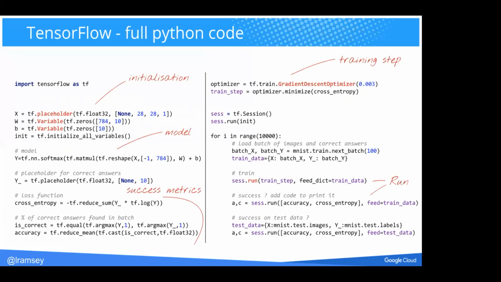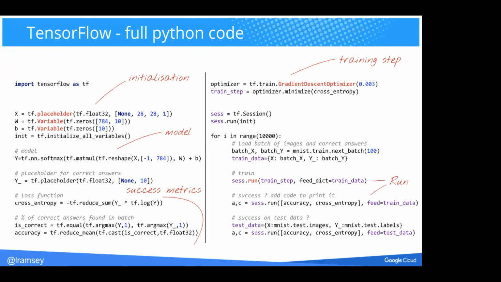And this is the complete Python code. It has a couple of components. One is you have to initialize TensorFlow, like importing the TensorFlow functions, followed by creating a model, like the softmax function that you apply to create the model.